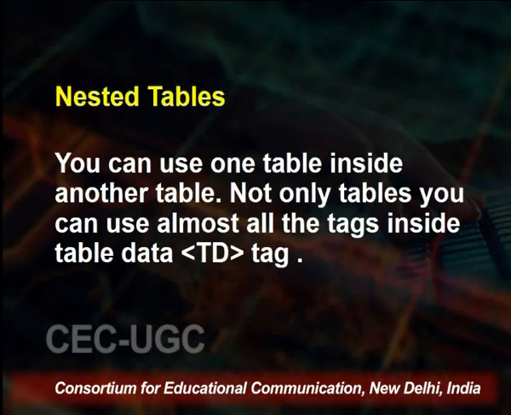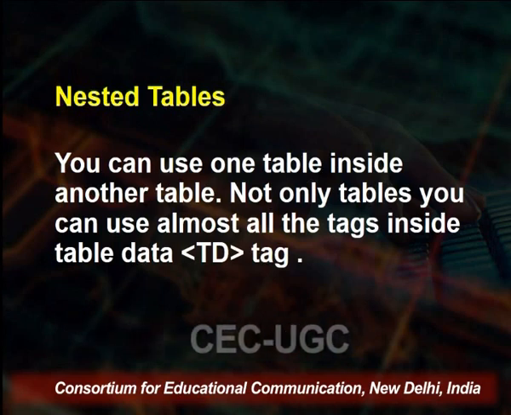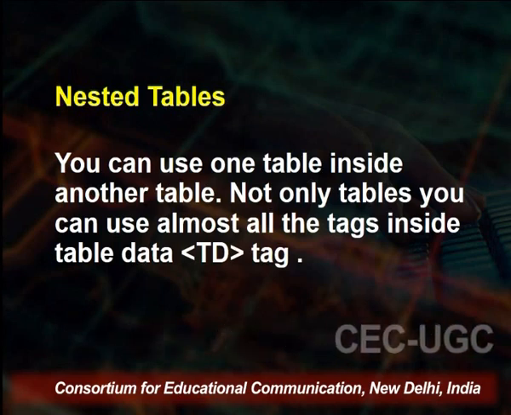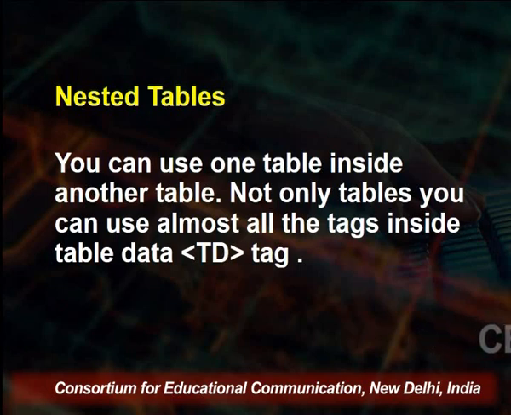Now next very important thing that we must consider, because we had seen that tables allow us to lay out contents on the page, to organize or to align contents on the page very nicely. And therefore there is a concept of nested tables that is very commonly used, and that is very popular amongst designers. At one point of time that was really very popular. So nested tables means that one table is a part of another table, that is one table is inside the other table, right.